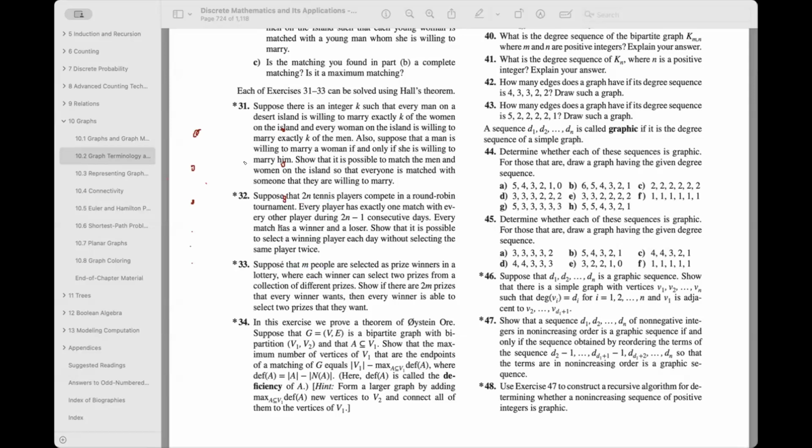Any integer K such that exactly K of the women on the island and every woman K of the men. A man is willing to marry a woman if and only if she is willing to marry him. Show that it is possible to match the men and women on the island so that everyone is matched with someone they are willing to marry.